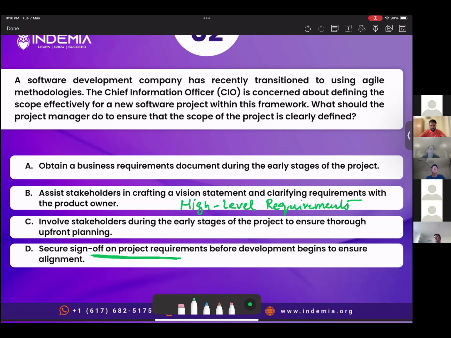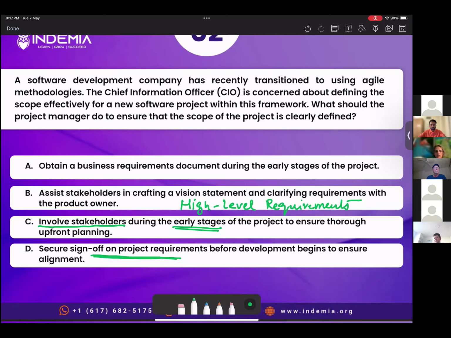Okay. Mary, you have chosen option C. Yes, correct. This is agile methodology, so one of the principles is to involve stakeholders early in the stage, while the others are more like waterfall, business requirements, and this is much more how waterfall works.